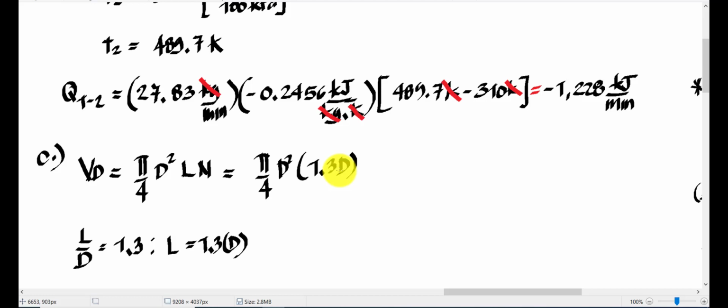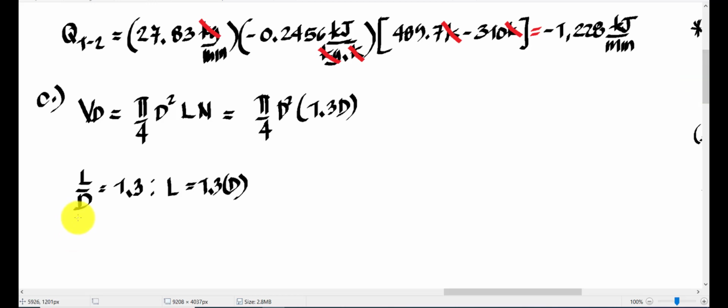Now for the value of your N, usually this will be your RPM. So take note, the problem states it is a twin cylinder double acting. So our N will be equal to your RPM times 2. Okay, so that will be for the value of your N. That is 150 revolutions per minute.